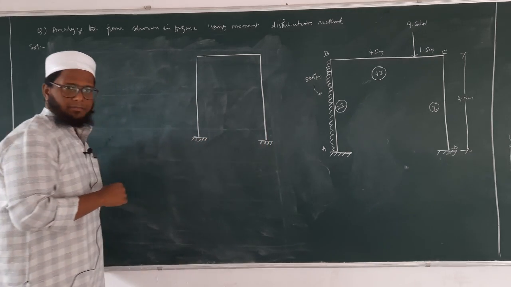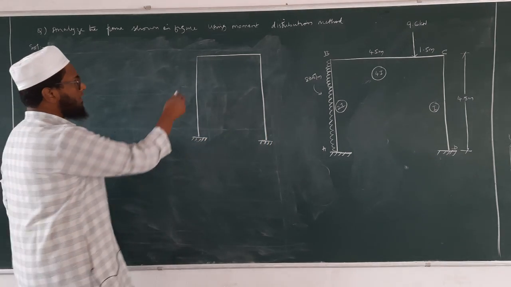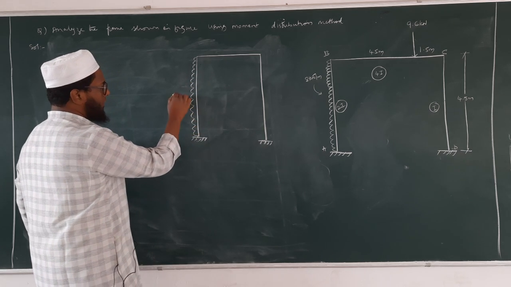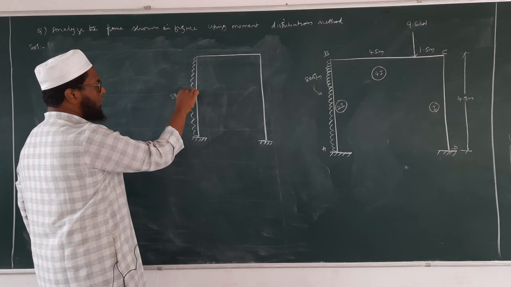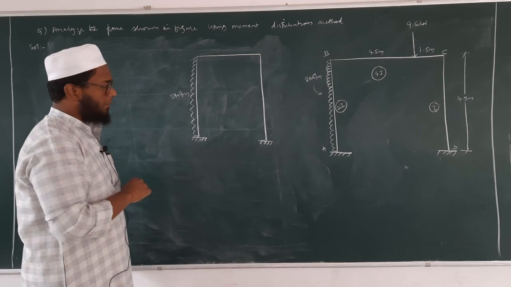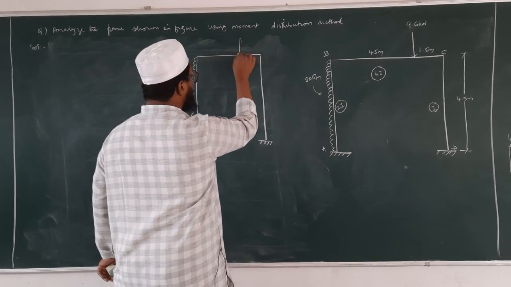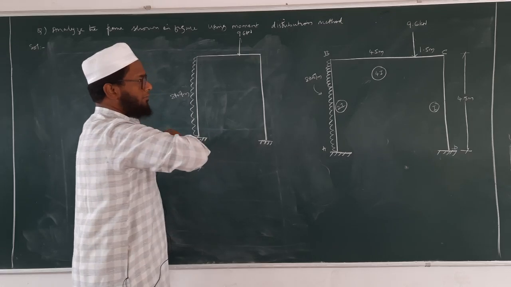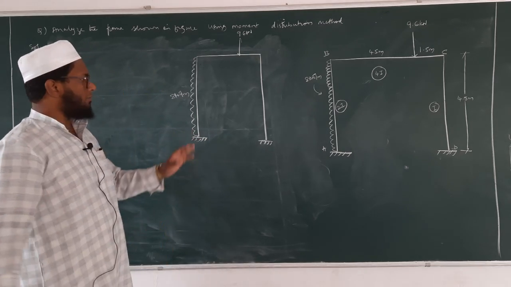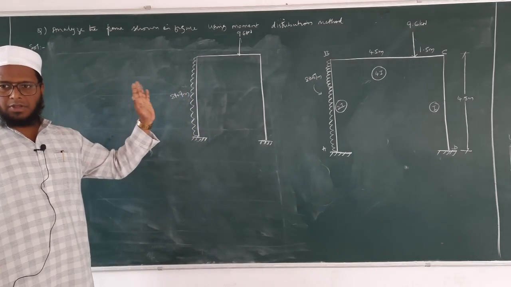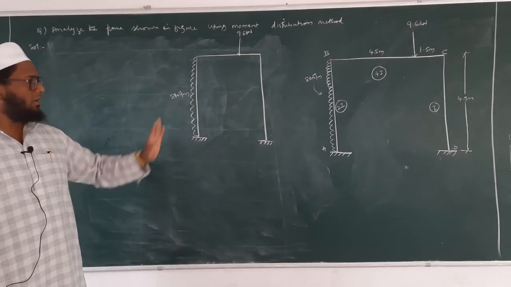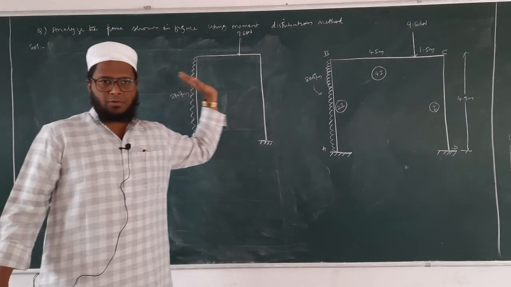So now I will draw the frame here once again. This is our frame, right? And we have a loading of 8 kilonewton per meter and 9.6 kilonewton. Okay. Now see here, because of this horizontal loading, horizontal pressure on the frame, my frame is trying to get deflected towards right side.